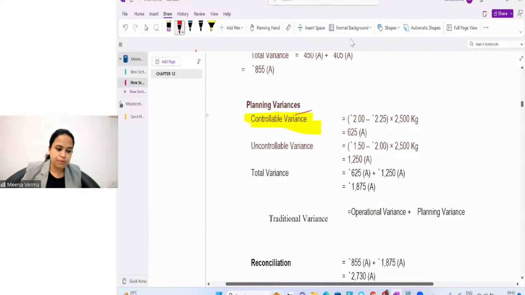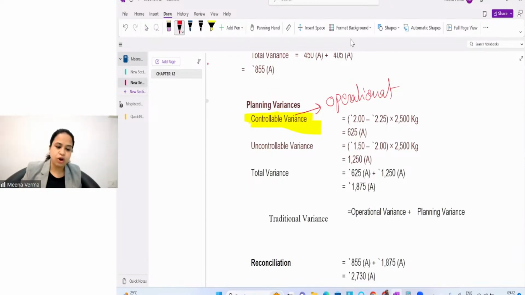So this will be operational variations. And what does uncontrollable variation mean? This is the planning variation.